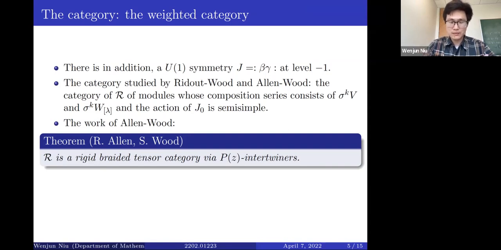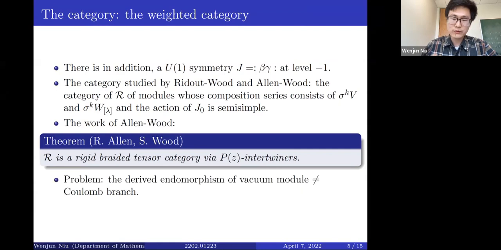Their theorem suggests that this might be a choice, but what we first found was that if we took their category, there is a problem, which is that the endomorphism algebra in this category doesn't reproduce the Coulomb branch. Whatever category I take, if I compute the endomorphism of the identity operator, I should be able to reproduce the physical Coulomb branch of the theory.